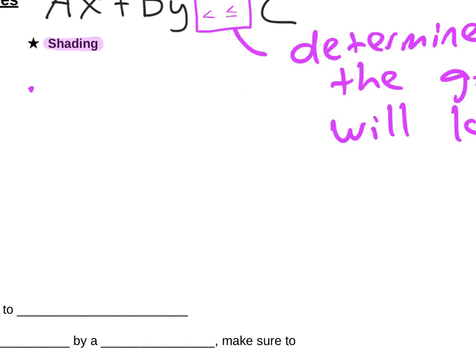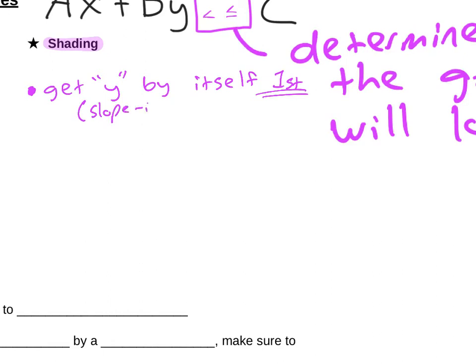One way to do that is to get the y by itself first. Once you get the y by itself, again, that's just our slope-intercept form, then determine the shading. Don't do it before.